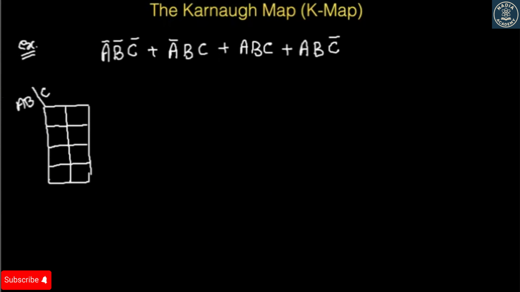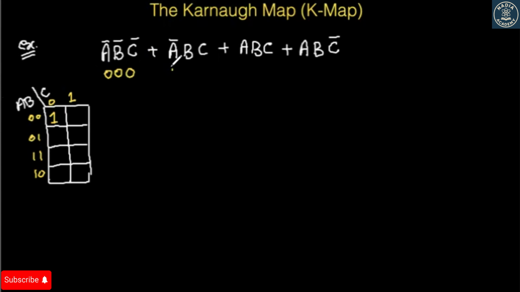Now, what is the method? A bar, so the value should be 0, B value should be 0, C value should be 0. We will remember 0, 0, 0, 1, 1, 1, 1, 0. So 0, 0, 0, our 1 goes over here.